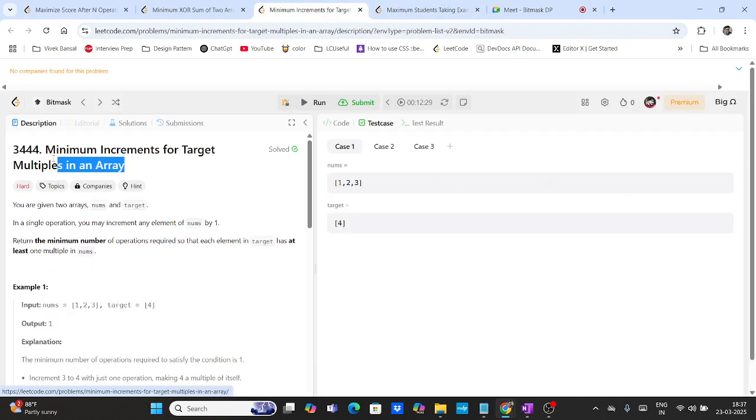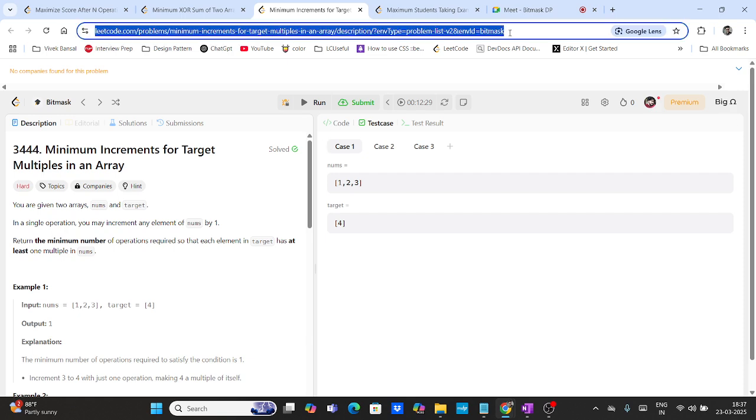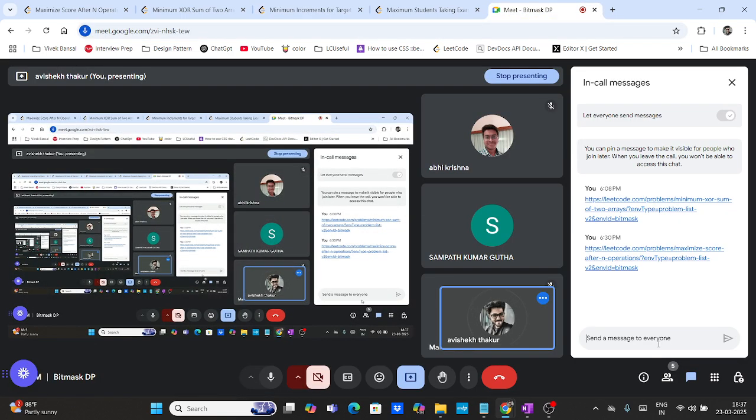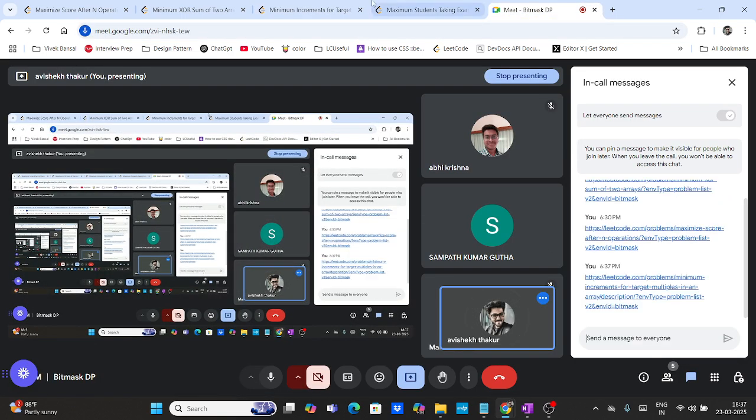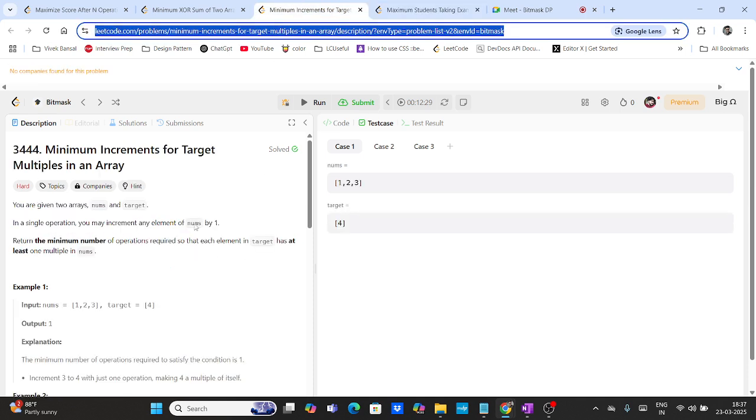So how many of you remember this question? Minimum increments for target multiples in an array.